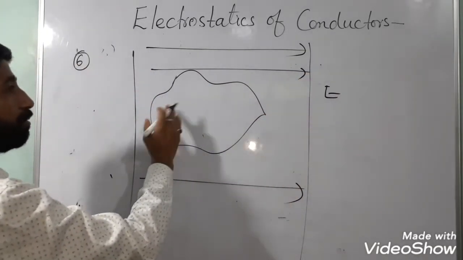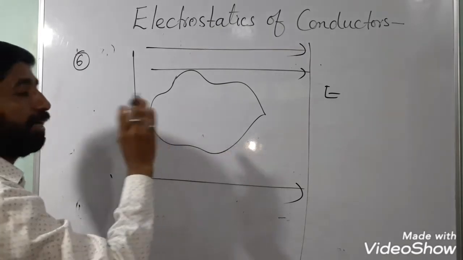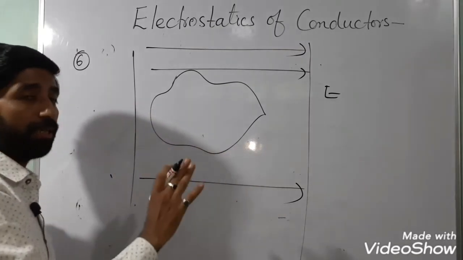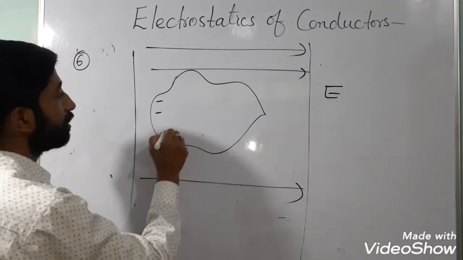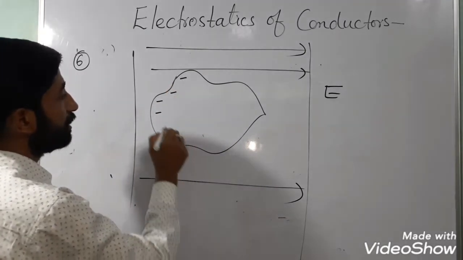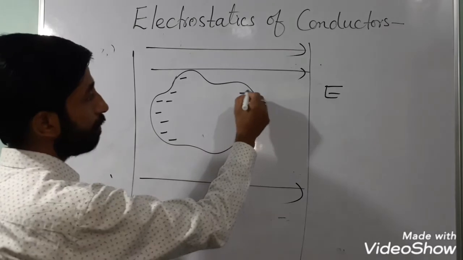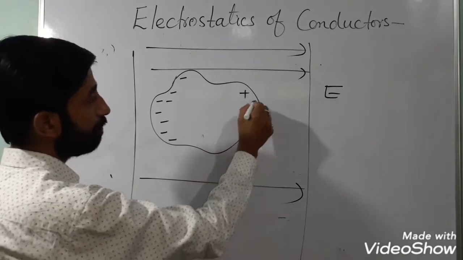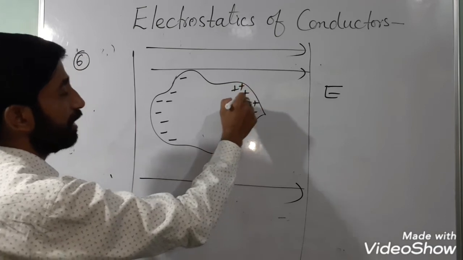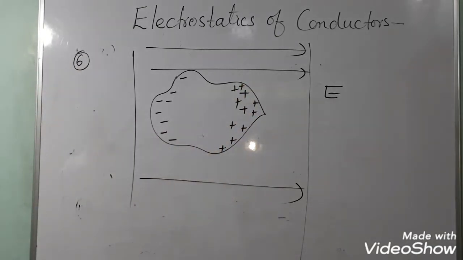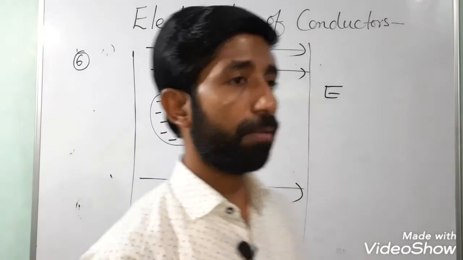So electrons will accumulate in the direction opposite to the electric field. It means all the electrons will accumulate on this side, the left side, and all the positive charges will accumulate on this side.